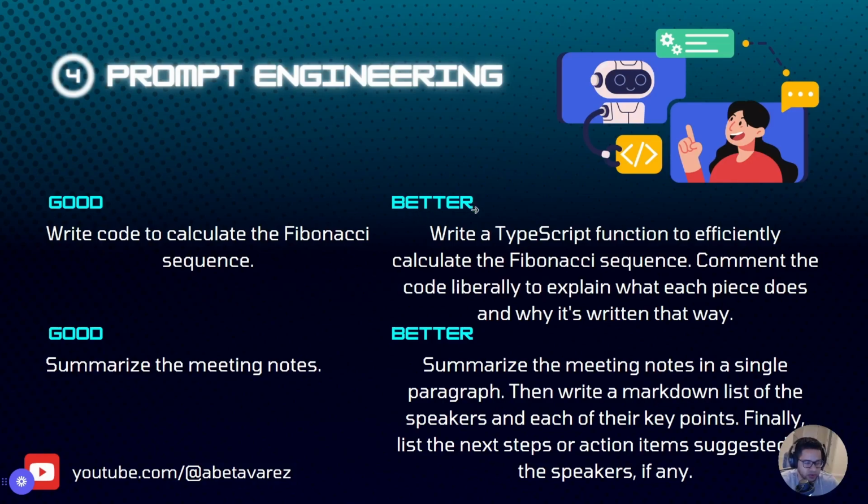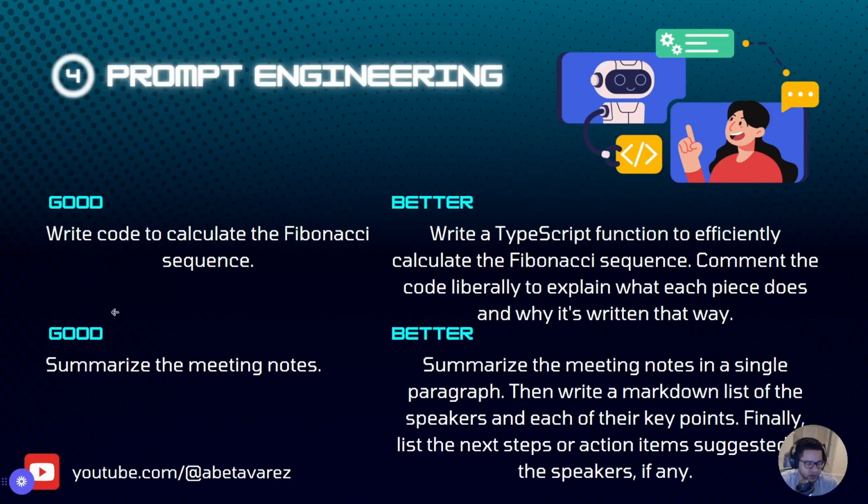So a better prompt would be: write a TypeScript function to efficiently calculate the Fibonacci sequence, and comment the code liberally to explain what each piece does and why it's written that way. So we specify the programming language, which allows it to write an efficient function, and to comment the code, explaining what the code is doing. This is a better prompt.